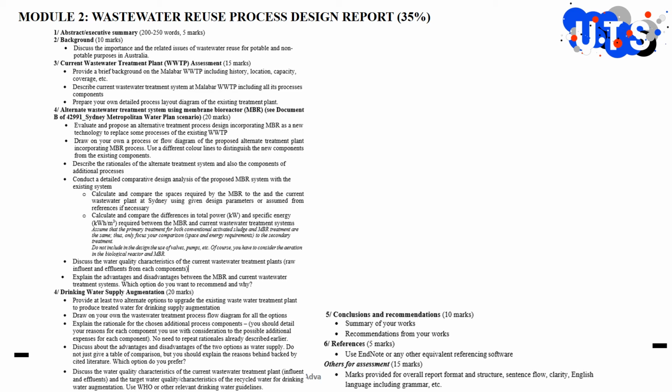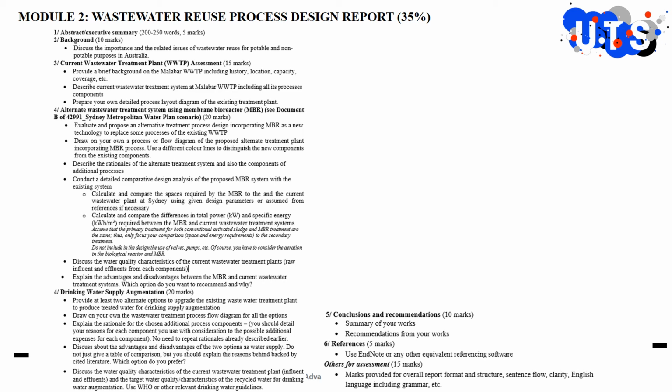Conduct a detailed comparative design analysis of the proposed MBR system with the existing one. So you can calculate and compare the space required by the MBR to the current wastewater treatment plant at Sydney, using given design parameters or assumptions from references if necessary.